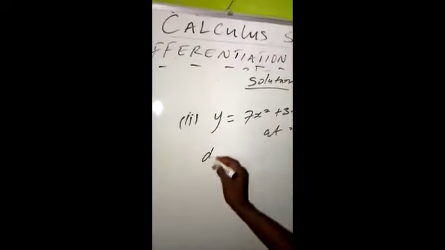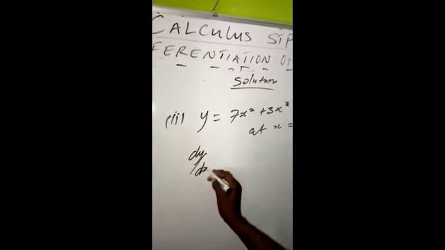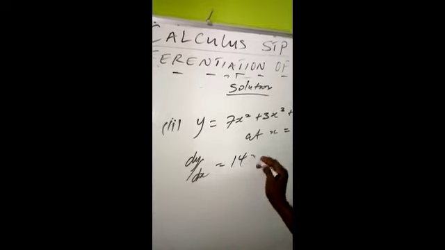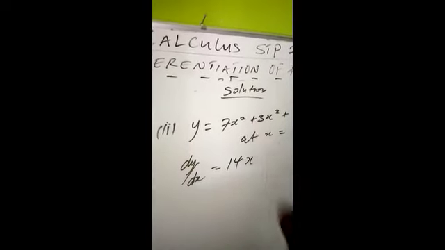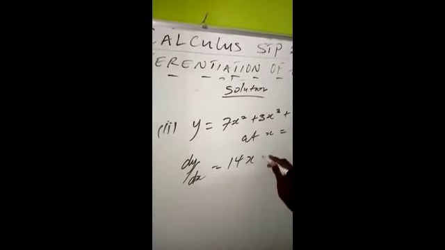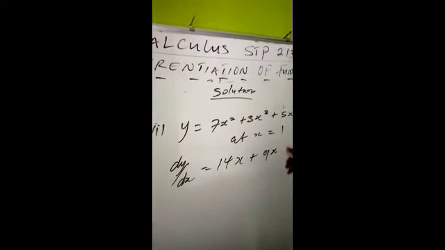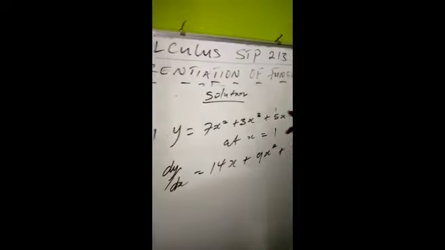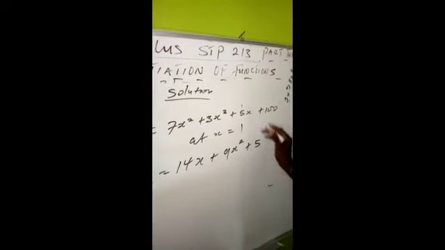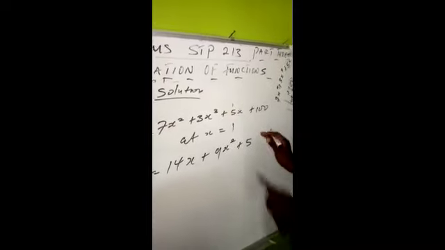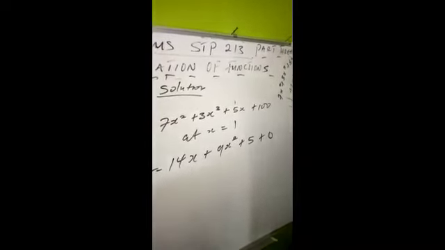Since I already know how to use the formula, I simply say this time this is 14s, 2 minus 1 is 1. Are we there? Plus 3 times 3 is 9s, 3 minus 1 is 2. Plus 1 times 5 is 5, then 1 minus 1 gives s raised to power 0. Any number raised to power 0 is 1. So we have 1 into 0.